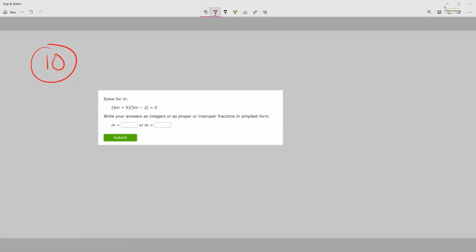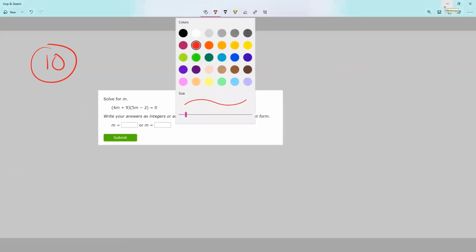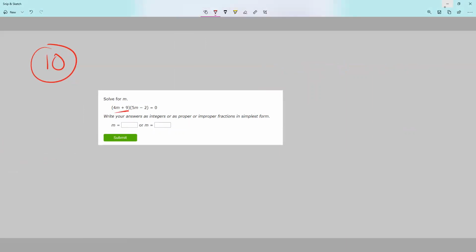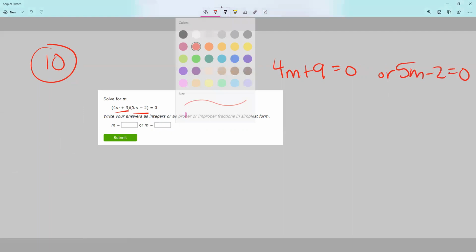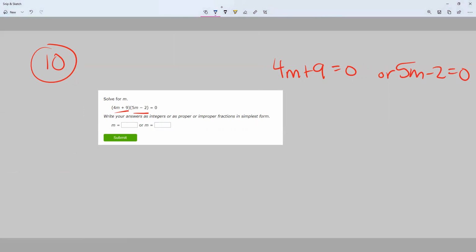And then the last one, I chose one that was just a little bit more complicated, but same idea. So I have 4m plus 9 equals 0, or 5m minus 2 equals 0. And then I'm just going to solve those two separately. So -9.